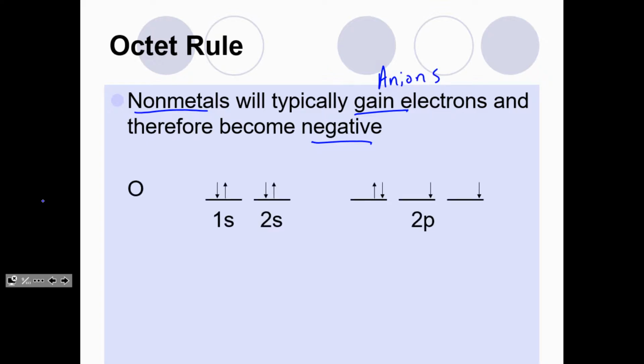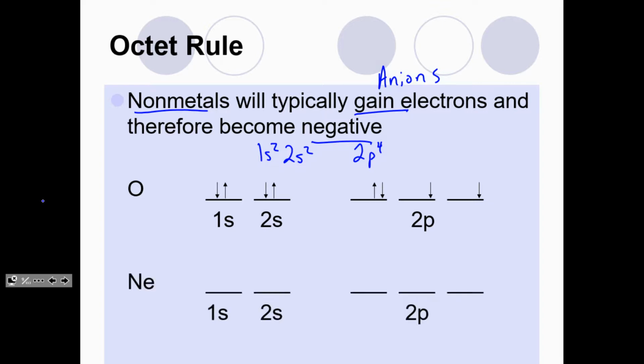So if we look at oxygen, 1s2, 2s2, and then we have 2p, 1, 2, 3, 4 on the outside there, 2p4. So to become like a noble gas, which is neon, the closest one, it can either gain electrons or lose electrons.